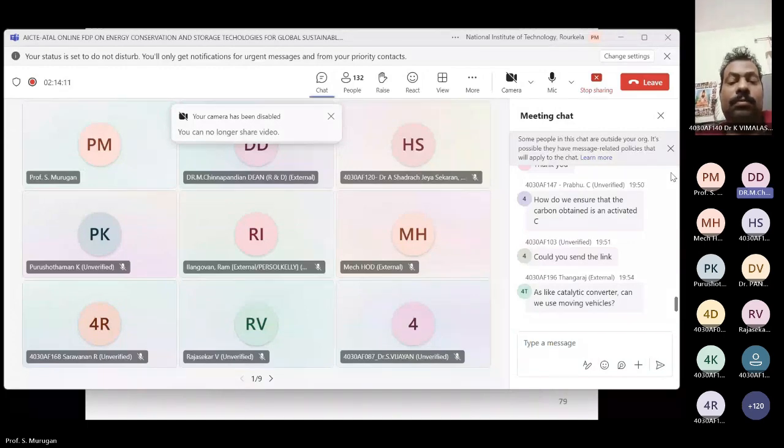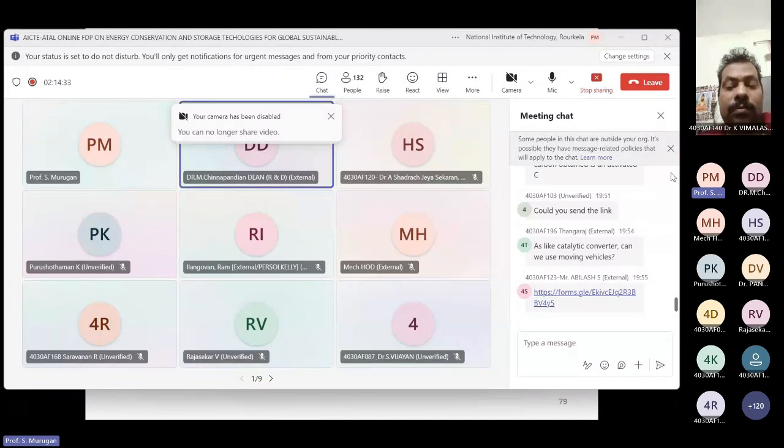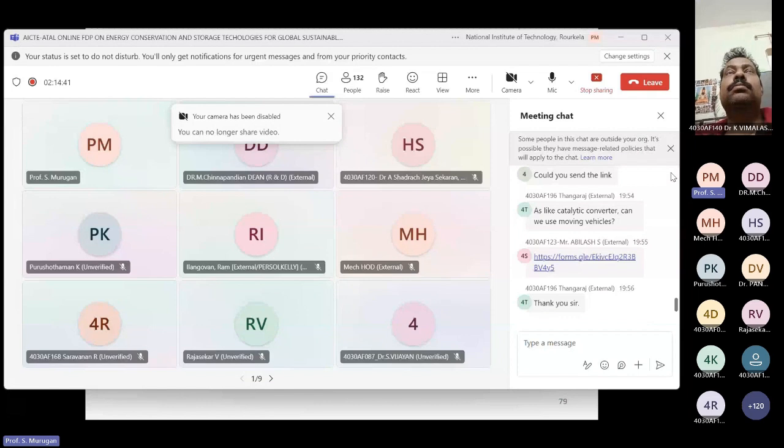Professor, one question from my side. Are there any government policies to reduce CO2 level, because of the Paris Agreement 2015? Obviously, you can visit the Central Pollution Control Board website.